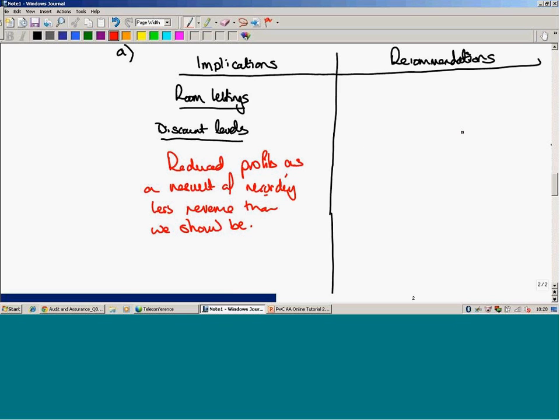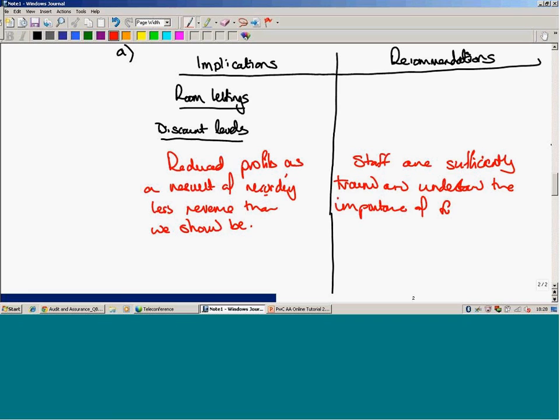So already got a policy in place. What is ensure a sufficiently trained staff, and the importance of following company policy.